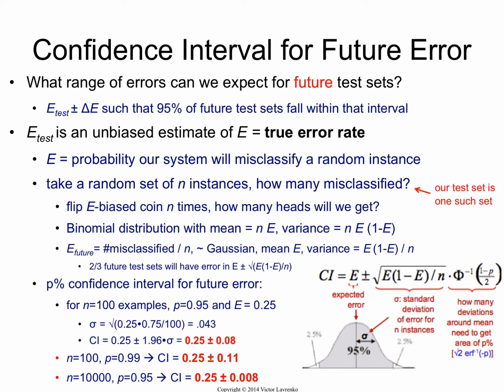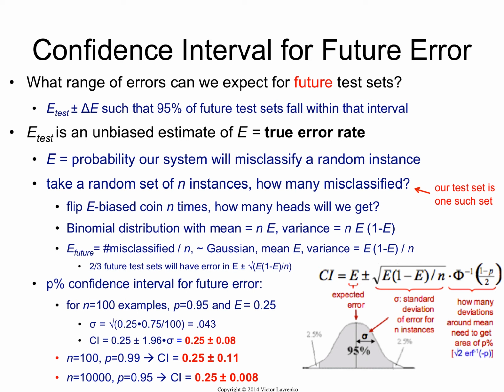So if our n was 100 instances, so we're looking at future test sets of 100 instances each, and we want a 95% confidence interval, and our error rate is 25%. So that's the true error rate, and remember, our testing error rate is an unbiased estimate of that.